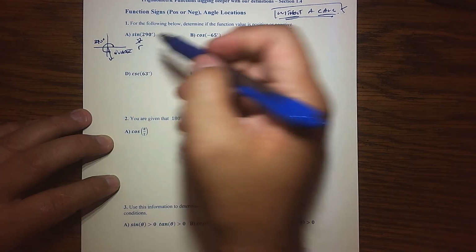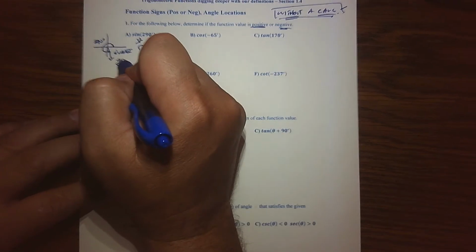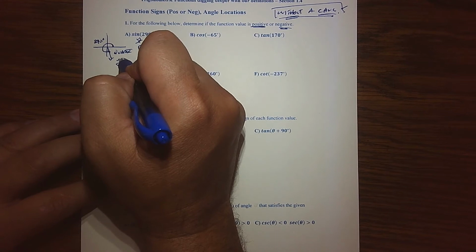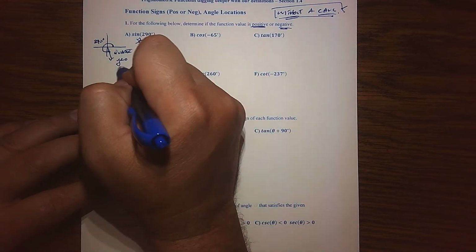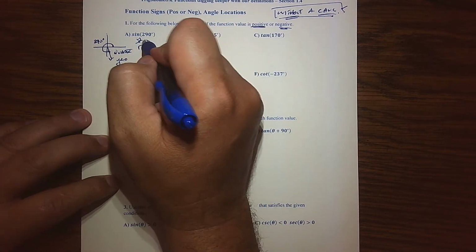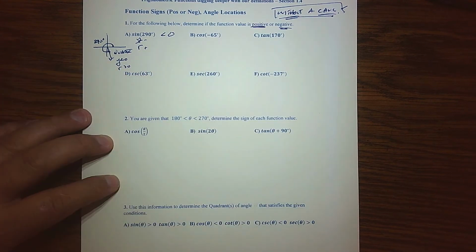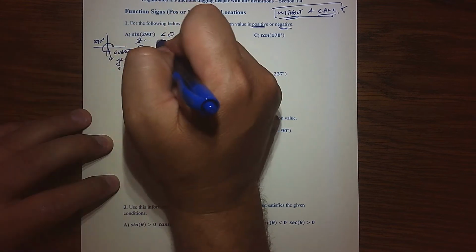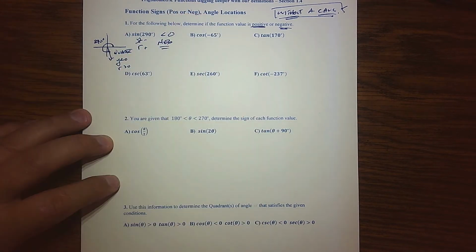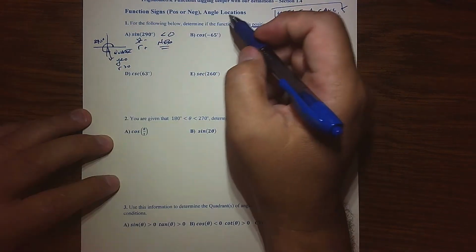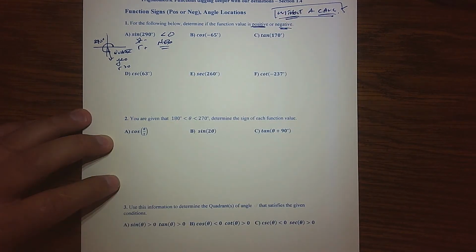You either memorized that or you can go through the little dynamics. What do we know in this quadrant? Well, y is negative and r is positive. So my ratio is a negative over a positive. That tells us that the sine of 290 is going to be negative. So that's how you do that using the definition and pictures to justify our reactions.